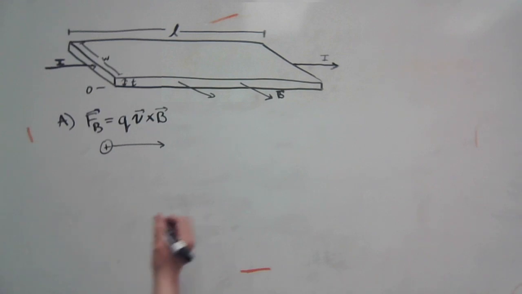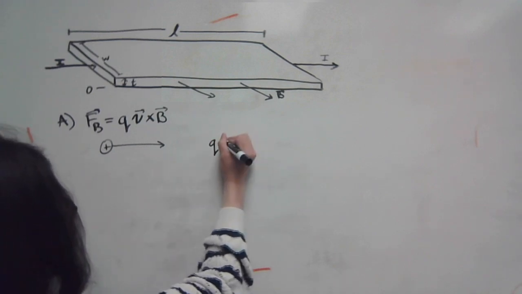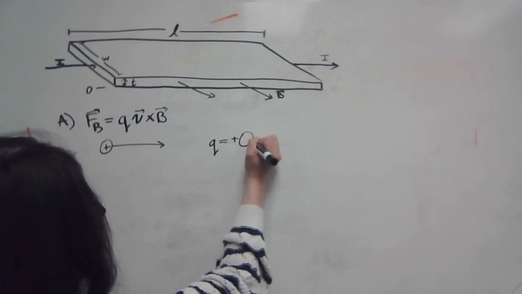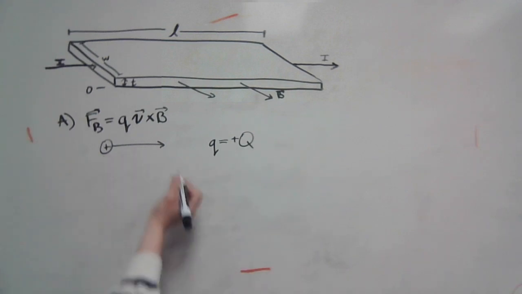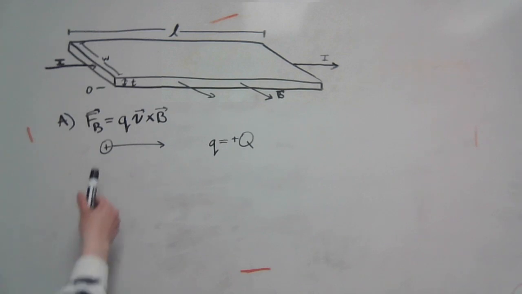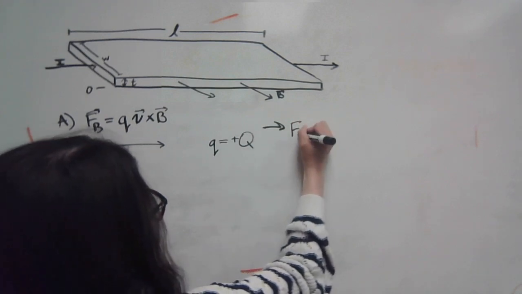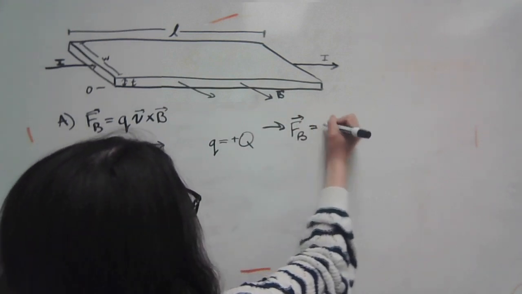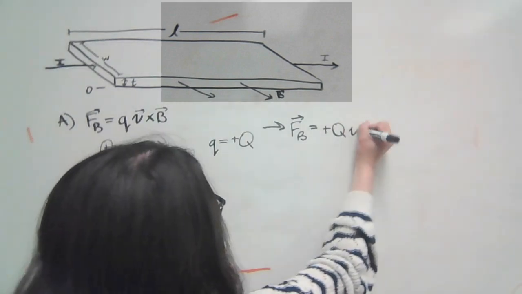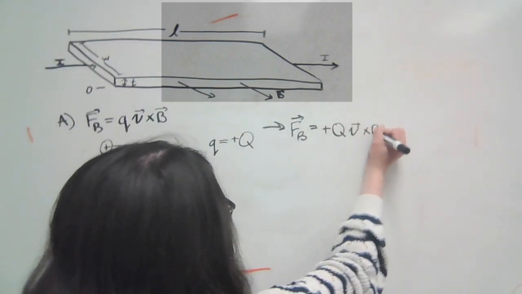In this case, the charge q equals positive Q, where Q represents the magnitude of the charge, and we are given that these charges are positive. So we can substitute this into our equation. F_B equals positive Q v cross B.